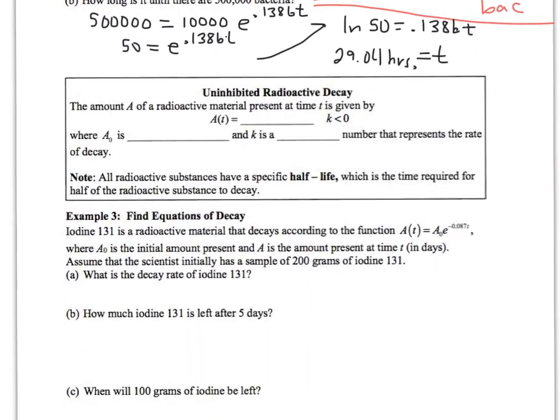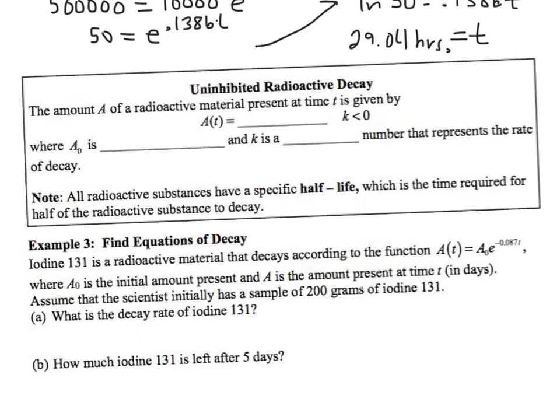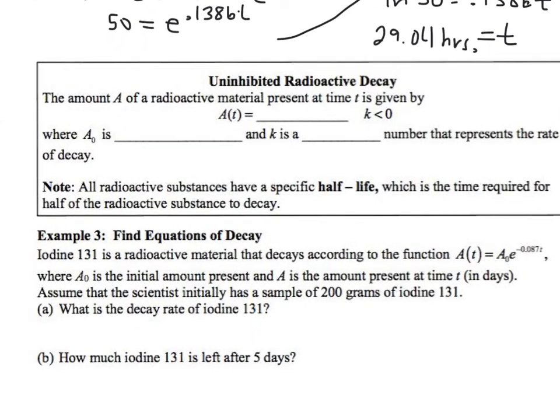Okay, so our next problem is going to talk about one that's decay. So we're going to talk about radioactive decay, something going down. And we said if something's going to go down, then that k value better be negative. So the amount of radioactive material present at time t is given by this formula. It's almost the exact same formula, A0 e to the kt, but in this case k is less than 0.